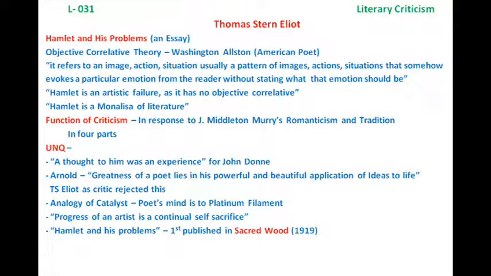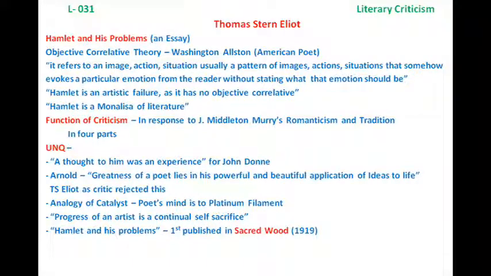Then in the second point he talks about the character of Hamlet. He was shown mad somewhere, and he was using his madness only to deceive people. We know that Hamlet wasn't mad. He was simply acting only to deceive the people surrounding him.